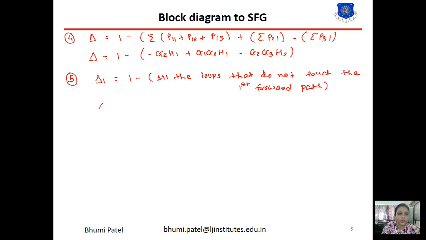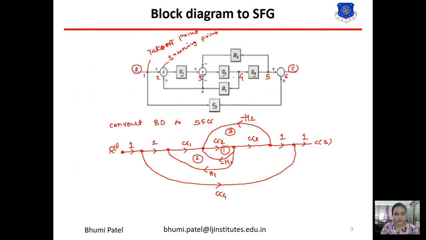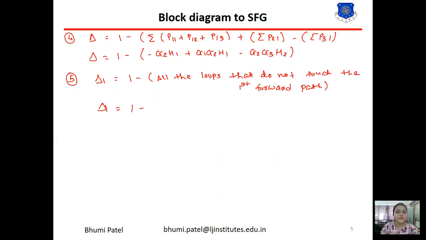So delta 1 is equal to 1 minus, here you can see that G1, G2 and G3 is our first forward path. Loop number 1, loop number 3 and loop number 2, all the loops touch the first forward path. So delta 1 is equal to 1 minus 0, which is equal to 1.